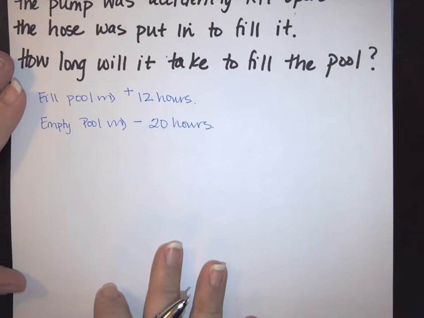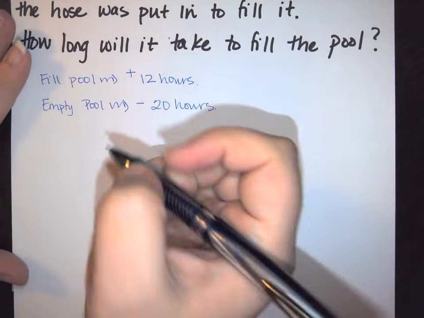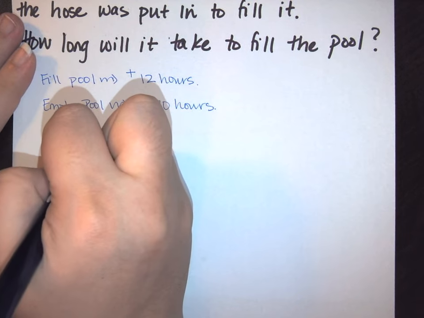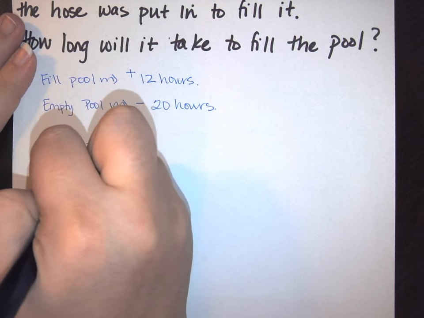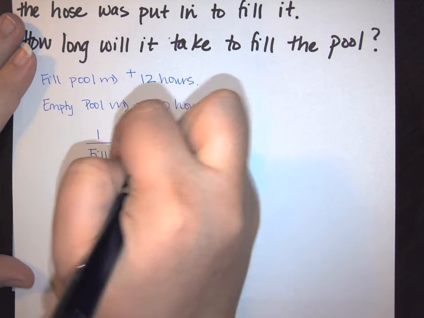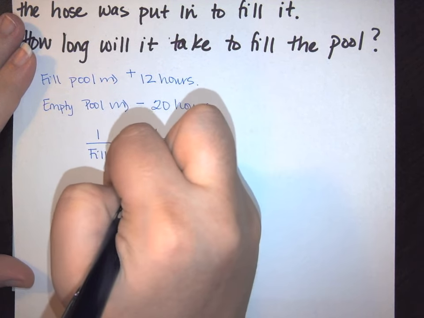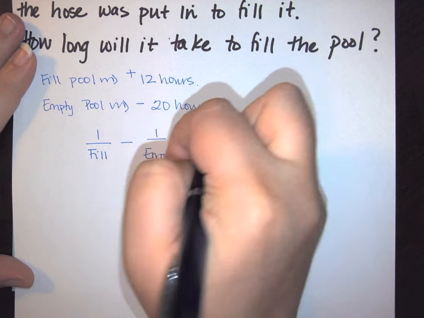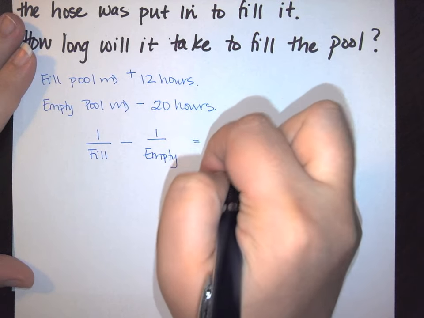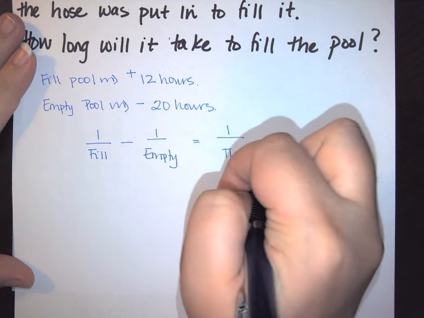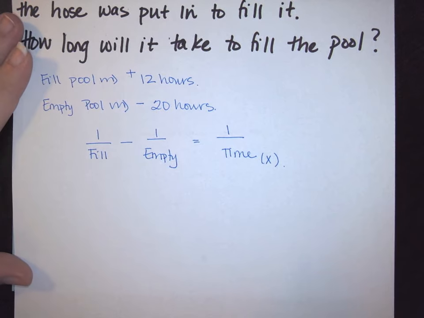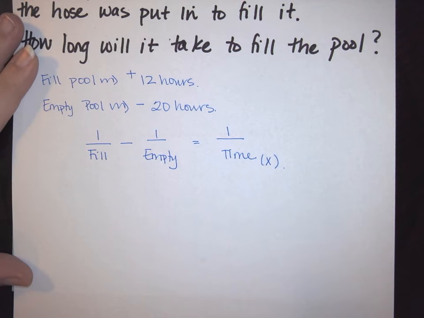So if we want to know how long it takes, we can set it up. We have 1 over filling the pool minus 1 over emptying the pool equals 1 over the time. So fill in what we know.